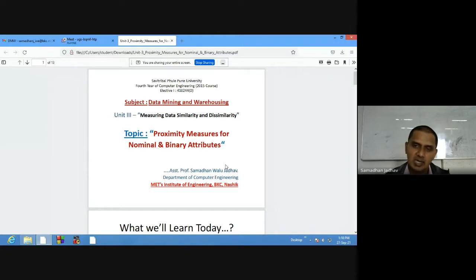If the similarity value is 0.8, then 1 minus 0.8 will give you 0.2, and that is the dissimilarity. If the dissimilarity value is 0.60, then 1 minus 0.60 will give you the amount of similarity, and that is 0.4.